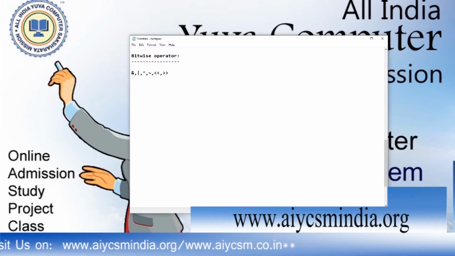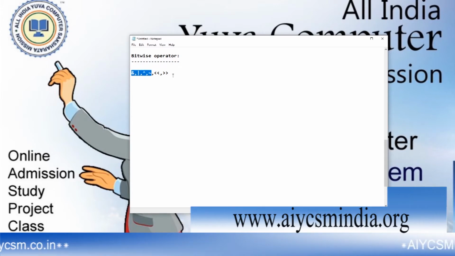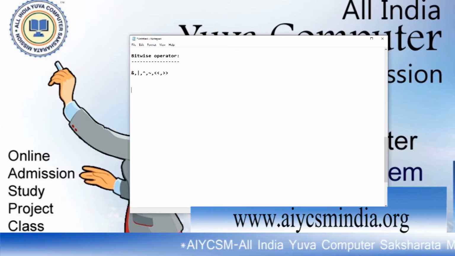We have to explain these four things: AND, OR, XOR and complement. If we have time, then we will discuss the left shift and right shift operators. So for bitwise AND, this is not logical AND, this is bitwise AND.